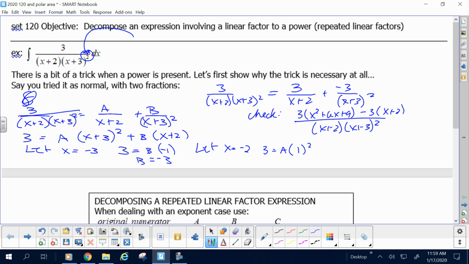Now if I do that, I get 3x squared plus 18x plus 27 minus 3x minus 6. That, I think you'll agree, in no way equals plain old 3. This does not equal 3. In other words, I found some adding of fractions that in no way is equal to what I started with. And therefore it's garbage. You down?